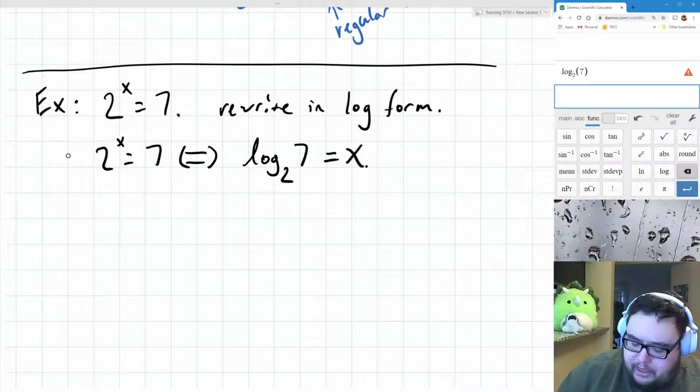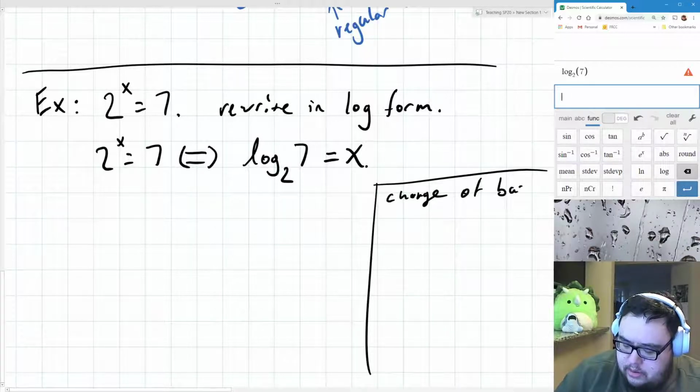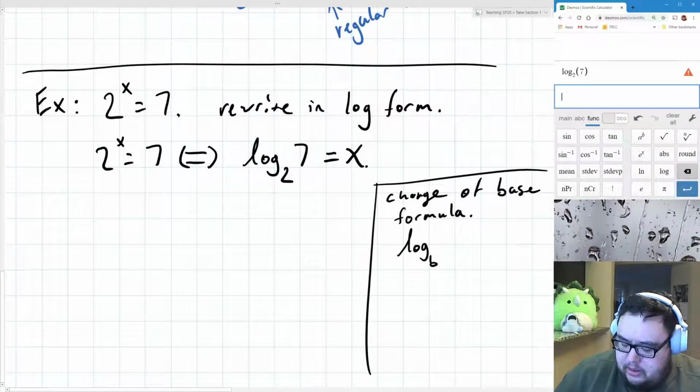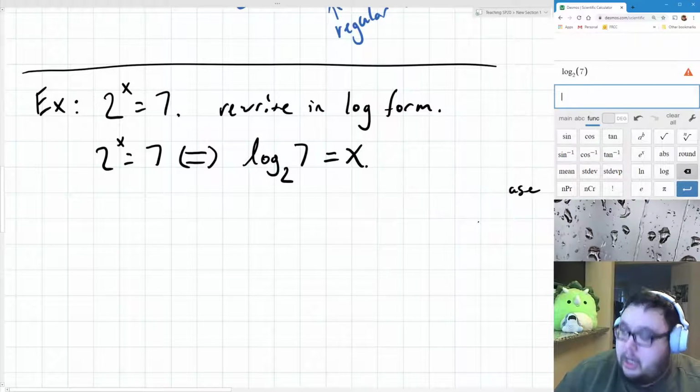So in order to evaluate this, we need what's called the change of base formula. Actually, let's come back to the change of base formula in a second.